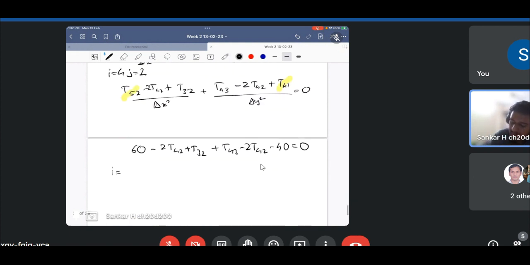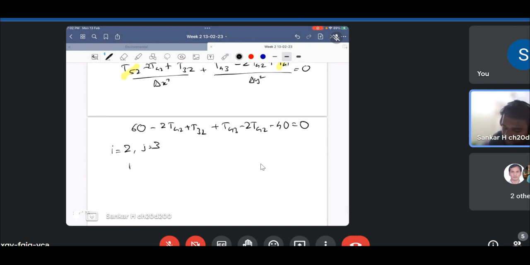When we put the next equation, we have to put i equal to 2, j equal to 3, and write the equation for that: T33 minus 2T23 plus T13 by delta x square plus T24 minus 2T23 plus T22 by delta y square should be equal to 0. Now again, in this, what all are known?